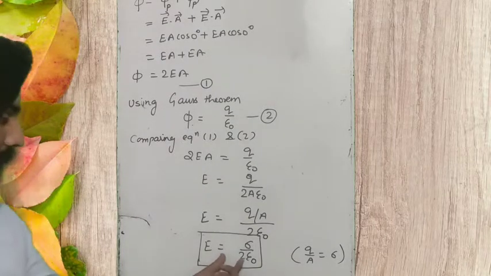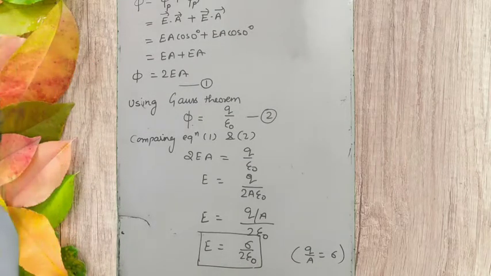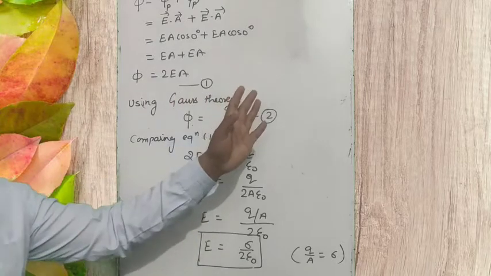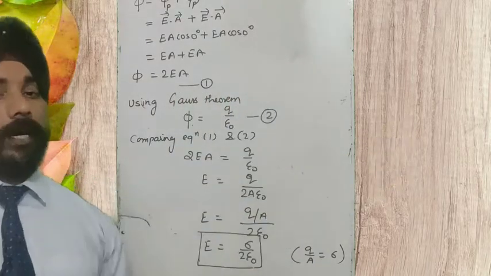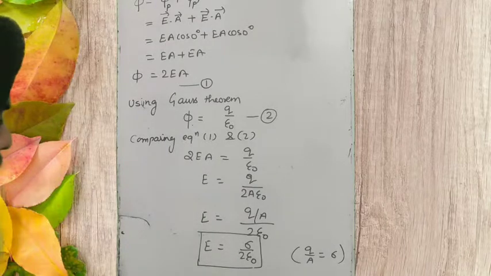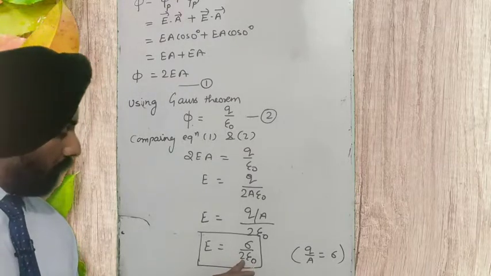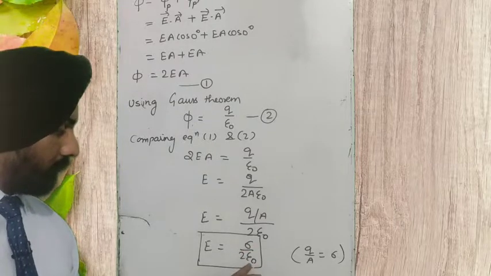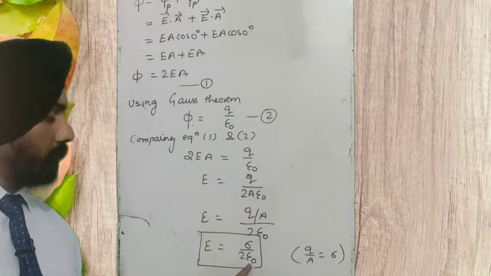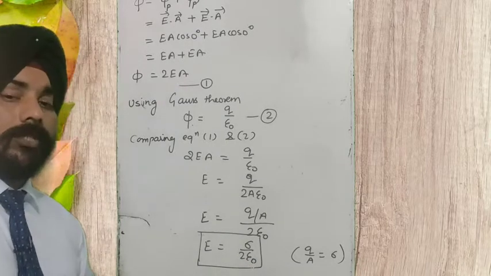One thing you can see from the expression we just obtained for the electric field due to a plane sheet of charge: I kept the point P at r distance from that sheet, and P dash was also at r distance. So is the distance of the point affecting the electric field? In this expression we cannot see r anywhere. There is only the surface charge density and the permittivity of free space. So r is not included in the expression of electric field.